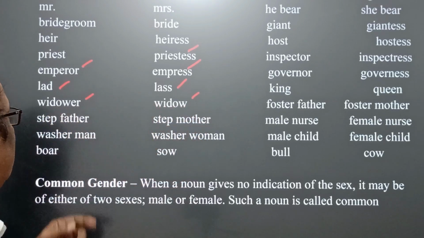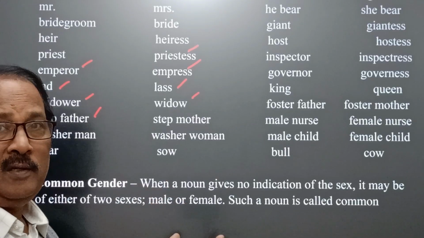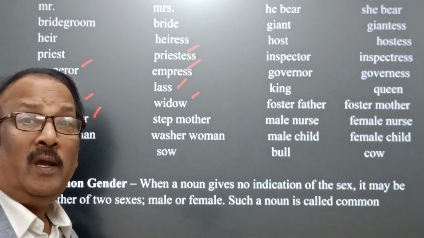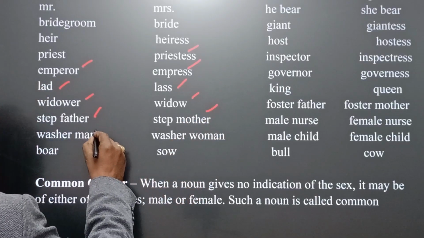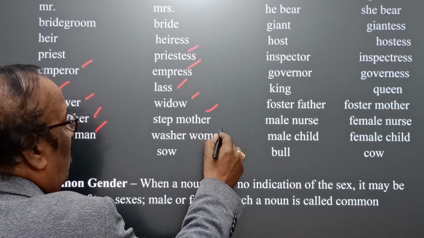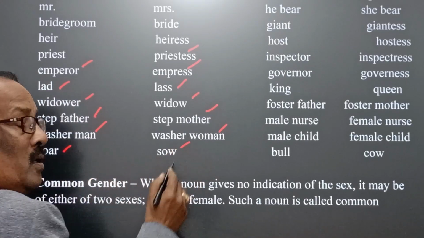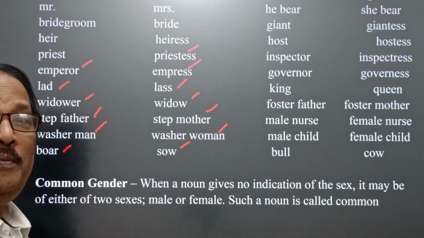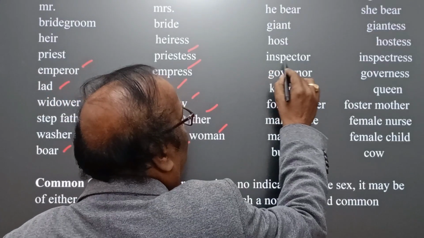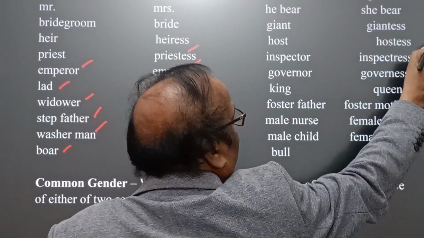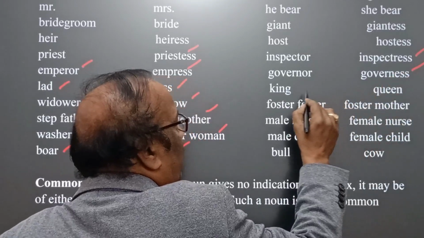Next, stepfather, as you know, and stepmother. Next, washerman, washerwoman. And boar, here sow means a female boar. Similarly, inspector, inspectress. Governor, governess.